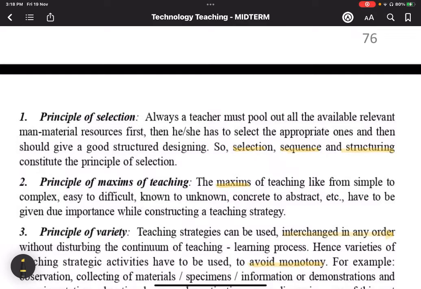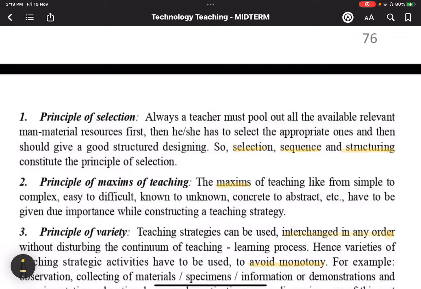You have to build your own. You have to make your maxim or your set of principles na dapat mong i-follow. Sa palagay mo, dapat mong i-follow, para makatulong dun sa learning experience ng iyong students. So ano yung ano mo, no? Ikaw ba ay simple to complex, easy to difficult, known to unknown, concrete to abstract, no?